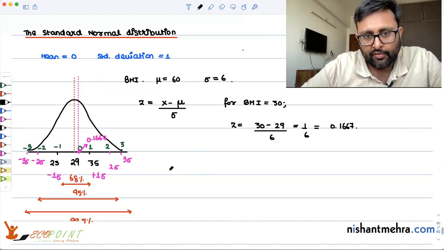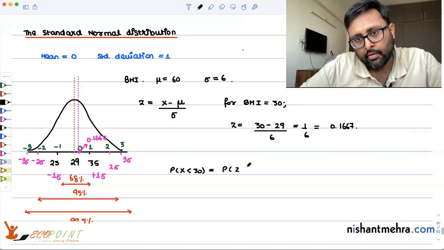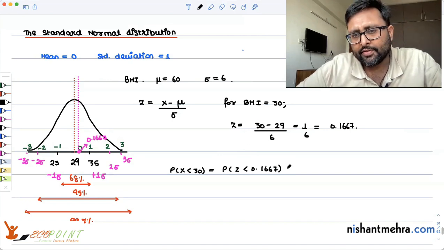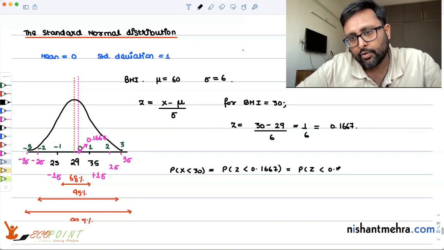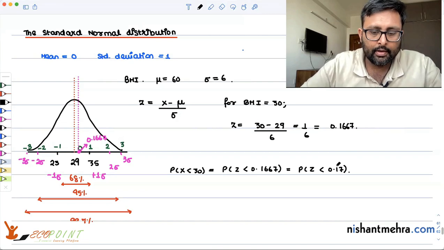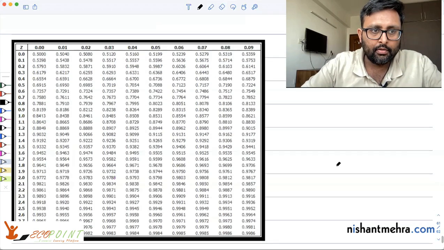So if I want to compute P(X less than 30), it is equivalent of computing P(Z less than 0.1667). Or you want to make your life simple, you can just write this as Z less than 0.17 like this. So what you can do is that you can look at the normal table like this.